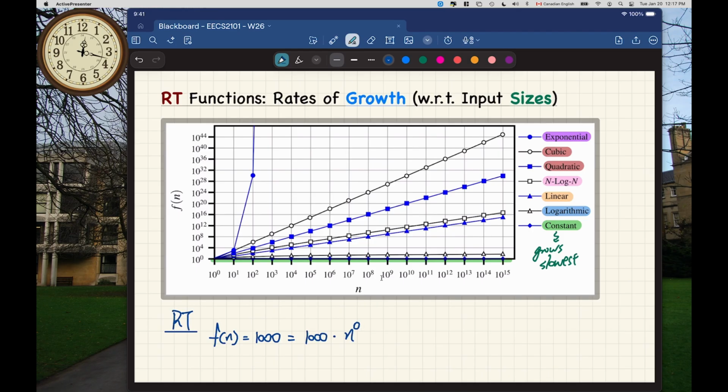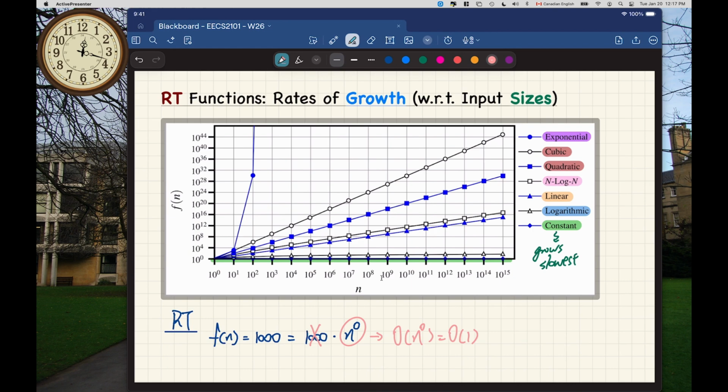Remember before the break, we said you just need to choose the highest term, which will be n to the 0 alone, and then you can disregard the multiplicative constant. So you can guess right away it's big O of n to the power of 0, or you can say big O of 1. That's something you want to get used to.